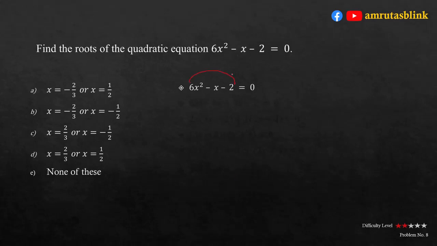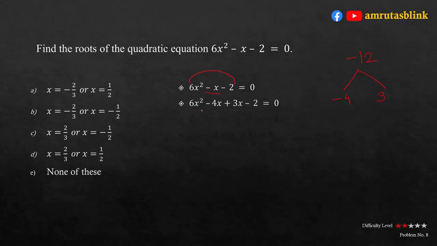Now this 6 into 2 is nothing but 12, but 6 is positive, 2 is negative. So 6 into minus 2 is minus 12. So we need to find out the factors of 12 which will give us the summation as minus 1. So we will split this as minus 4 and plus 3. So minus 4 into plus 3 is minus 12, and minus 4 plus 3 is minus 1.